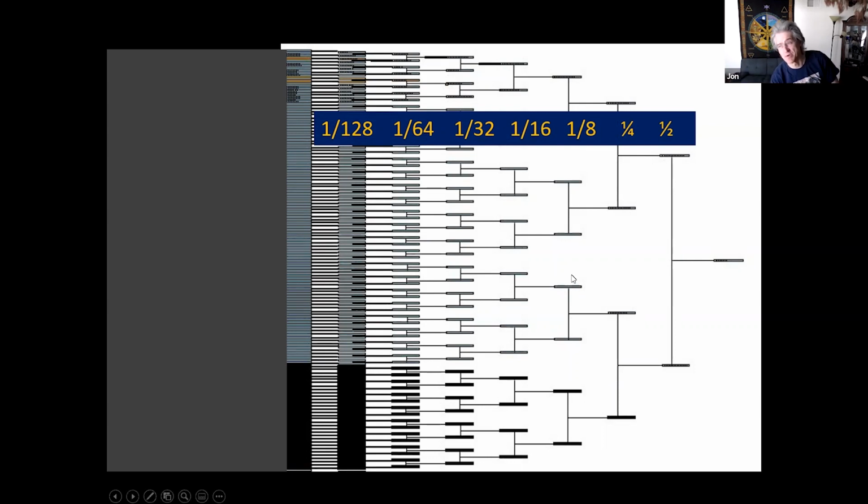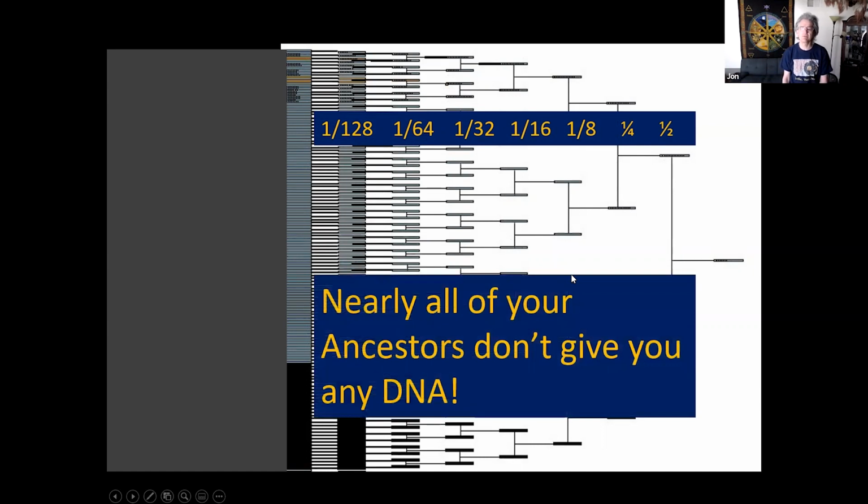And in fact, from some of them, none, because it's all been lost through that same process. Nearly all of your ancestors don't give you any DNA. What? How does that happen? Because it's only a very small fraction that makes it through each of those steps. Each step only has a 50-50 chance of making it to the next generation, ignoring evolutionary selective effects.